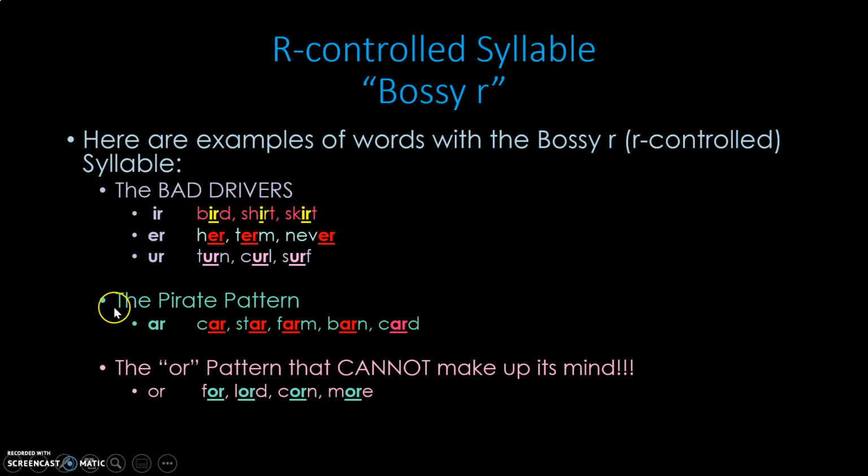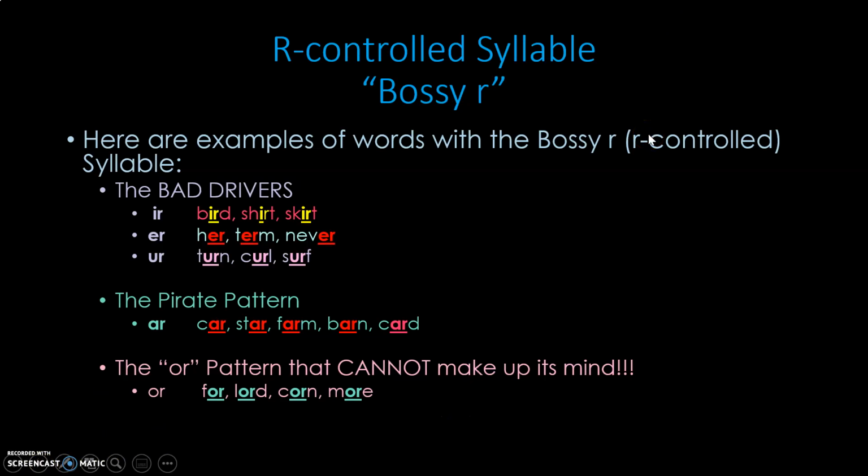I also showed you the bossy AR pattern, or the pirate pattern, that says R, like in car, star, farm, barn, and cart. And finally, I showed you some OR words that have the OR bossy R pattern, the one that cannot make up its mind, like the OR in for, Lord, corn, and more.